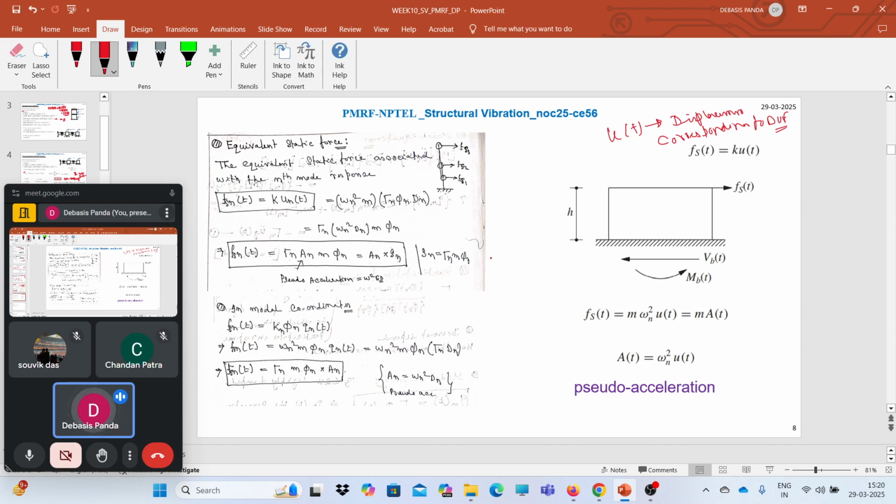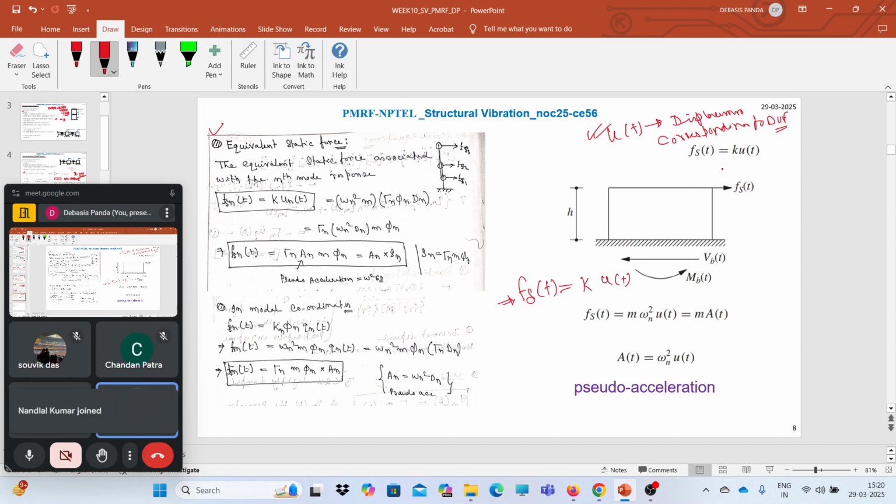Now how can we calculate the equivalent static force? For a single degree of freedom system, we have seen that the equivalent static force Fs of t is nothing but k into u of t. Once we have the information of u of t, that means the responses, we can calculate the equivalent static force.